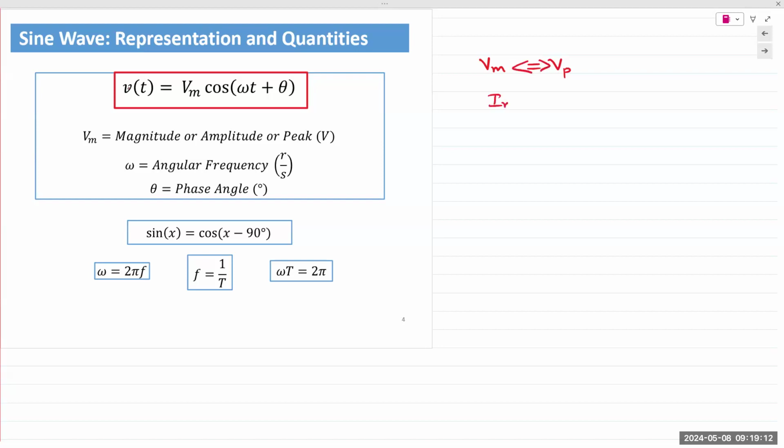We can also write Im, the magnitude of the current. That is also the same as Ip. These are the values of the waveforms on the y-axis.